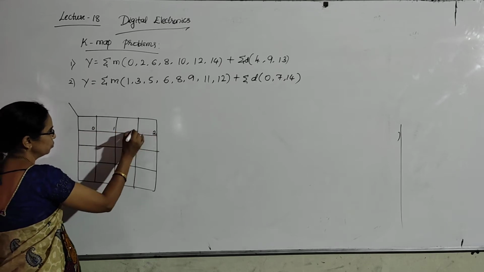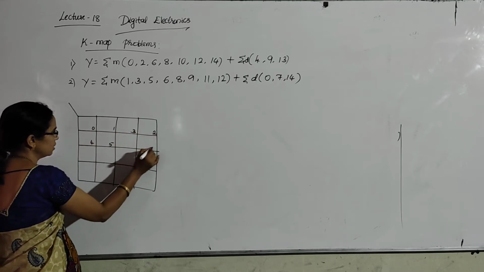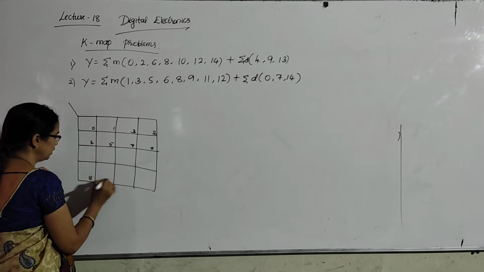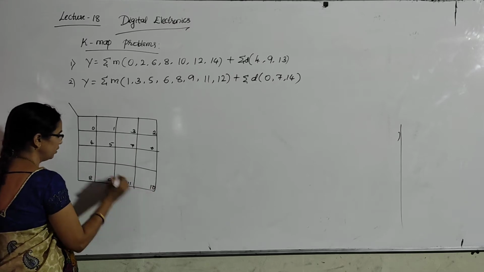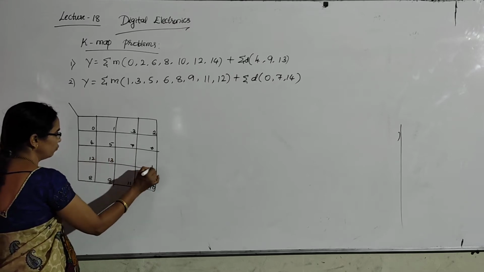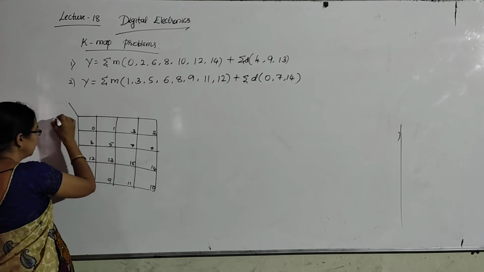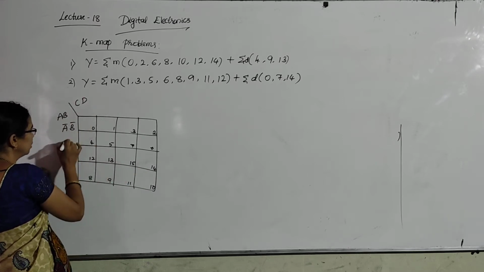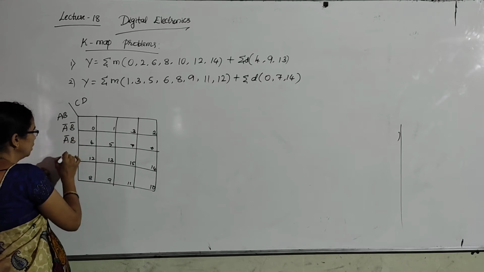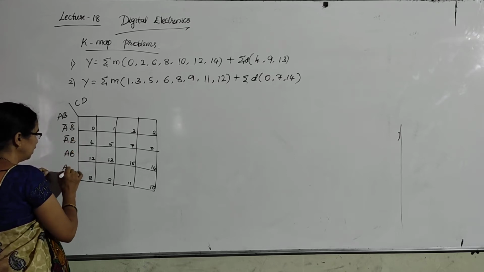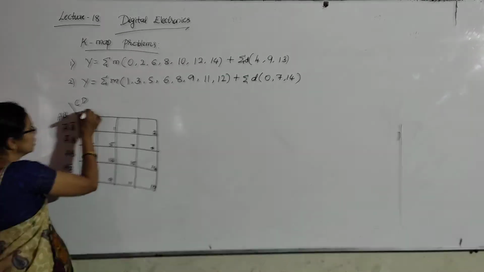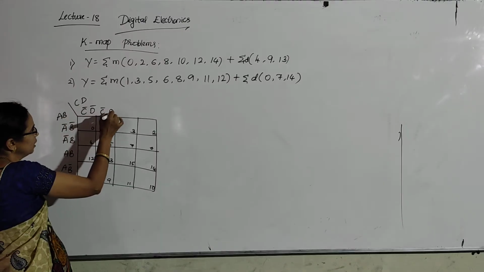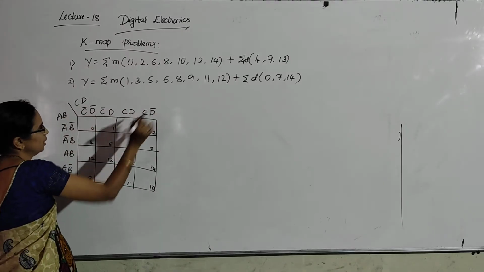0, 1, 2, 3, 4, 5, 6, 7, 8, 9, 10, 11, 12, 13, 14 and 15. It is AB this side, CD: A bar B bar, A bar B, A B, A B bar; C bar D bar, C bar D, C D and C D bar.